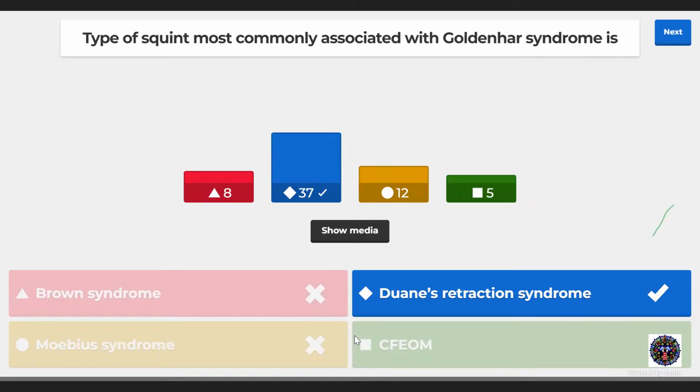That's Duane's retraction syndrome, which is a very common association with Goldenhar syndrome. And the other syndrome commonly associated with Duane's retraction syndrome is the Klippel-Feil anomaly. So systemic associations of squint is another important, interesting topic which examiners want to know. Whenever there is an association of a syndrome with a specific squint, you should know that. So let us go to the next.